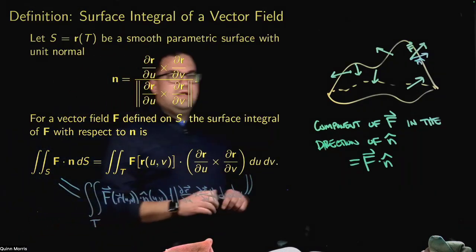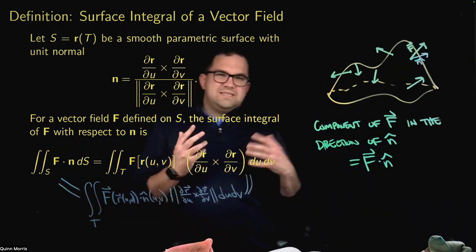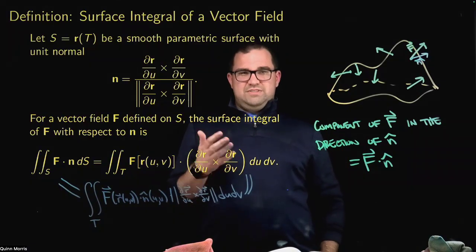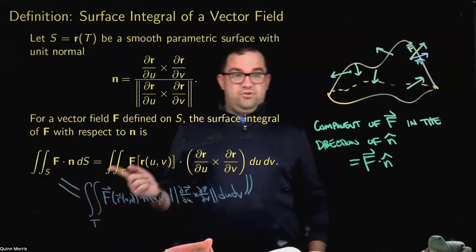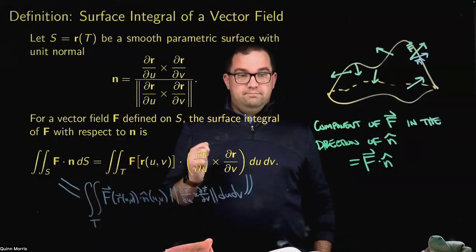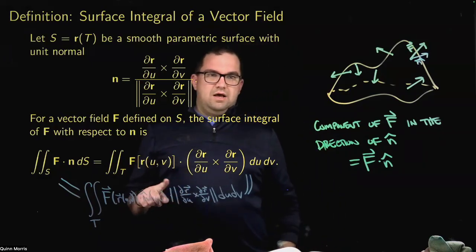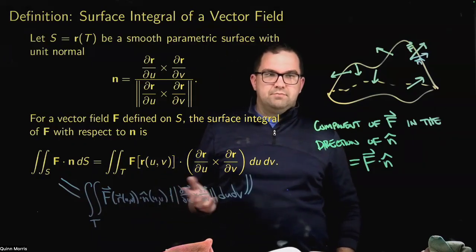So when we say we're going to take the surface integral of a vector field, we're really taking the surface integral of the scalar function, which is the vector field dotted with the unit normal vector. But in the process of doing that, we really get this simplified form here.